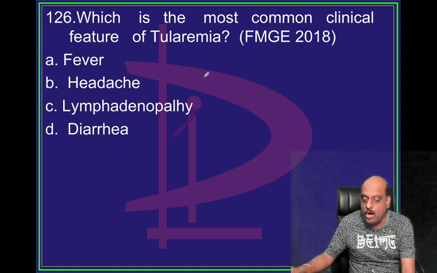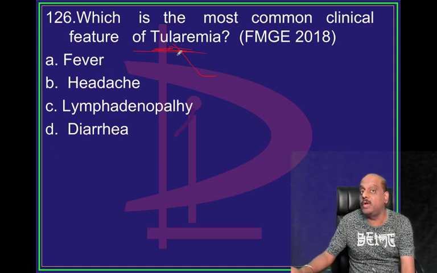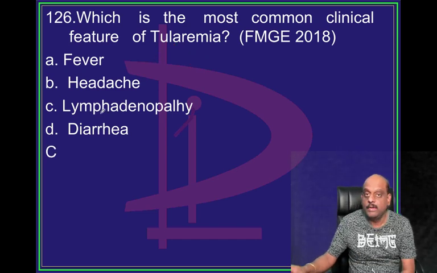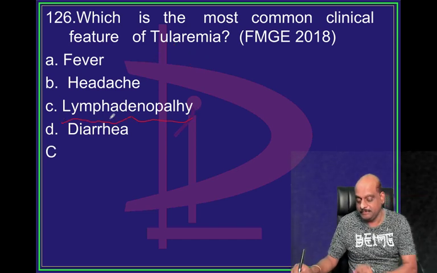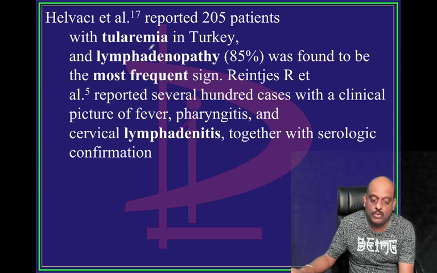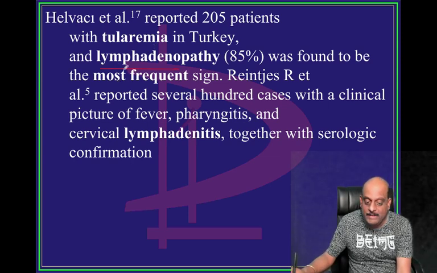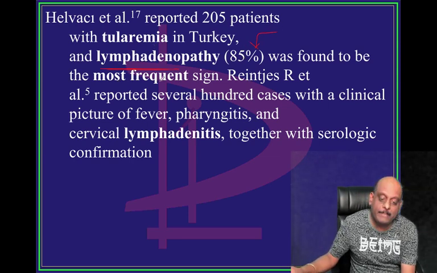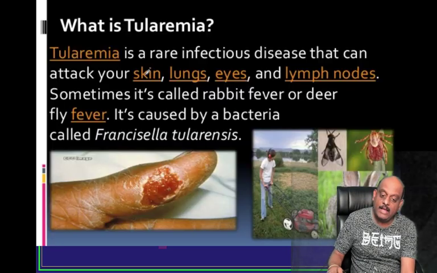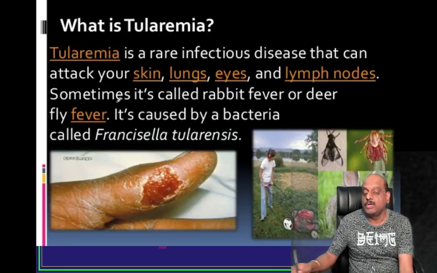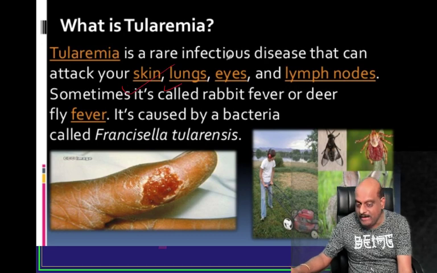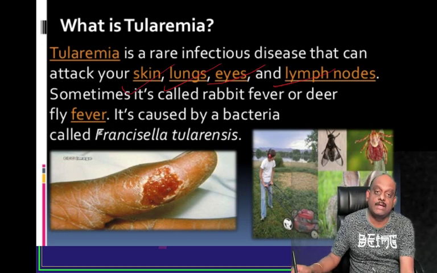What is the most common clinical feature of tularemia, doctor? It is lymphadenopathy. So, lymphadenopathy is found in 85%, the most frequent sign, is what you should remember. Tularemia can involve skin, lungs, eyes, lymph nodes.